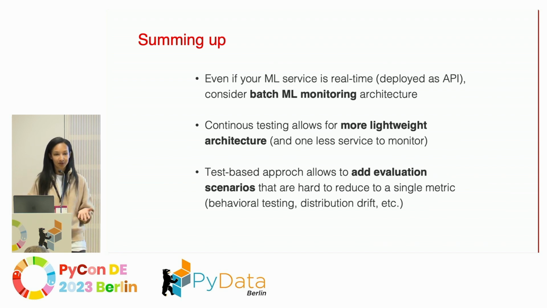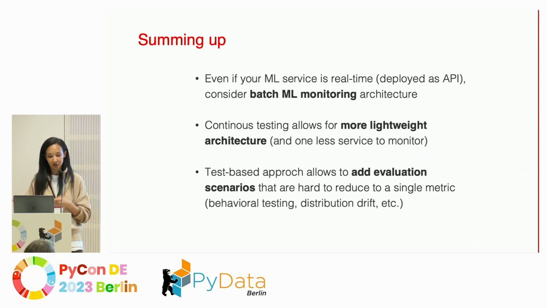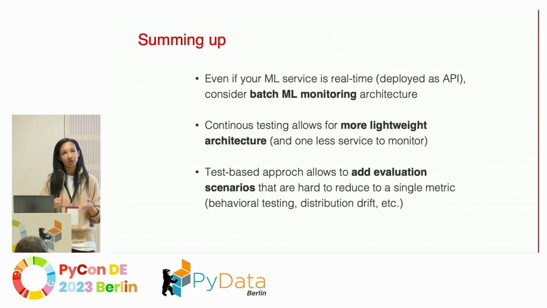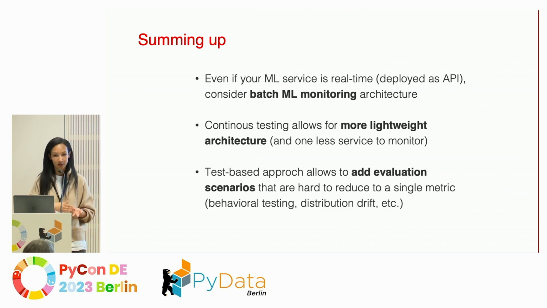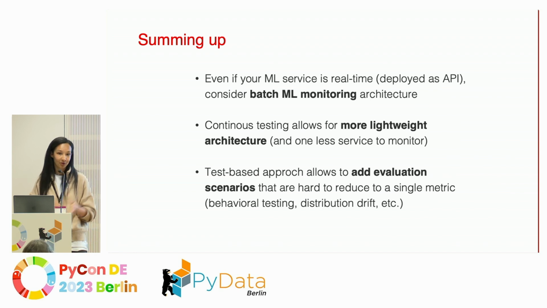So when it comes to testing, it's much more lightweight in terms of architecture, because when we calculate something in batch mode, we have much fewer limits in terms of resources, dependencies, and memory usage, so we can allow ourselves pretty complicated algorithms, for example, for drift detection, like statistical tests, distances, and many different things.